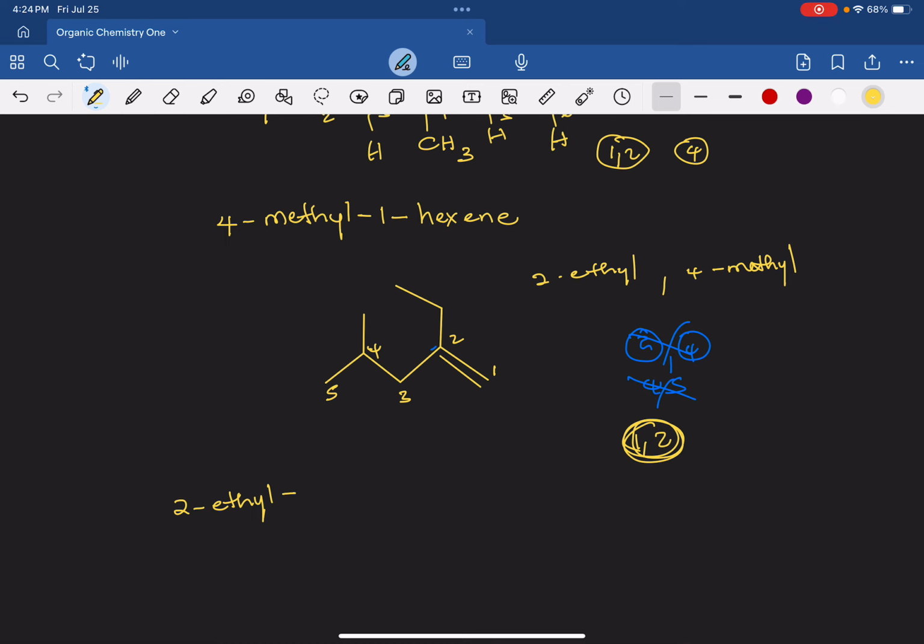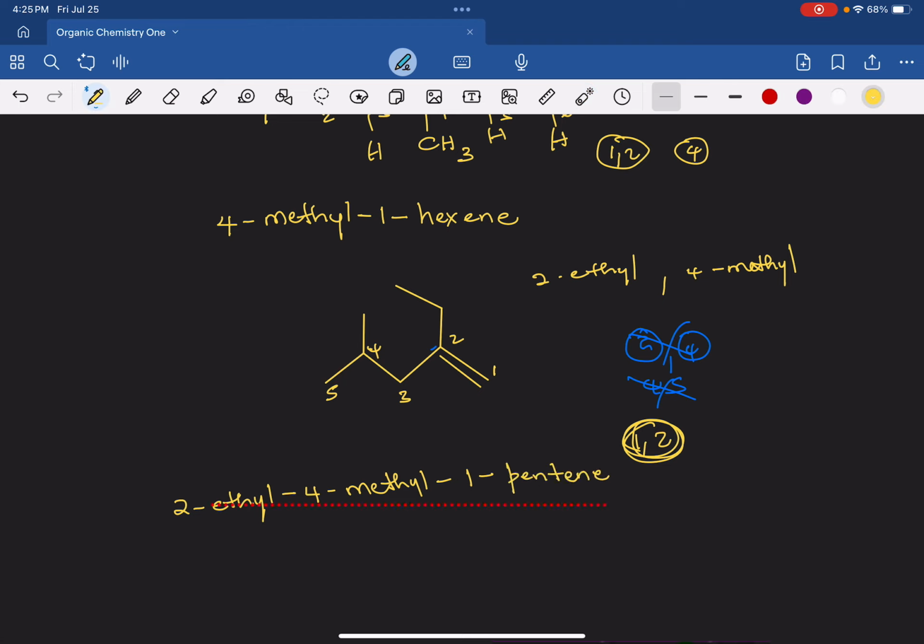After you found your longest chain with the double bond having the lowest number, you now list your substituents in alphabetical order, just like your alkanes. So this is going to be 4-methyl. Your double bond is between carbon 1 and 2, so 1, and I have 5 carbons in my longest chain, pentene.